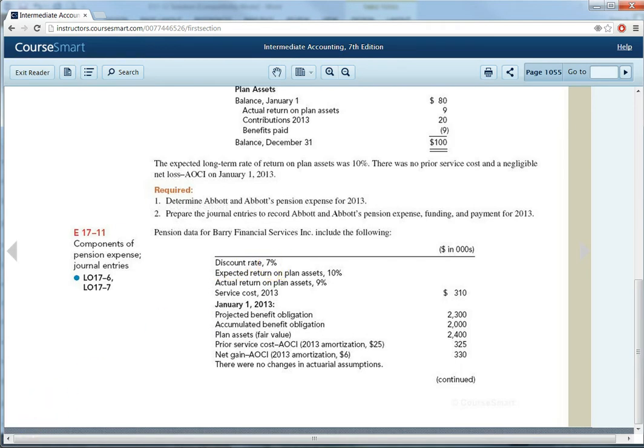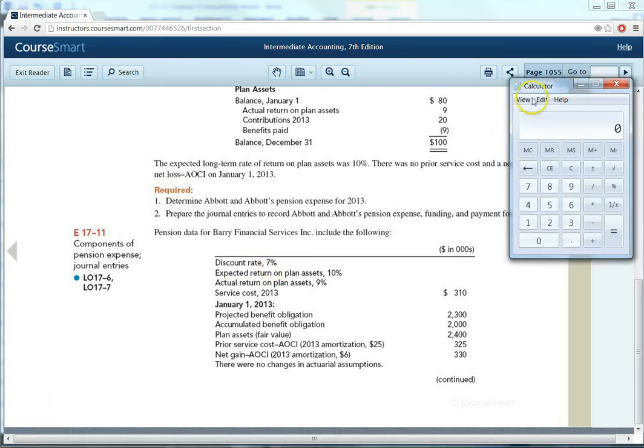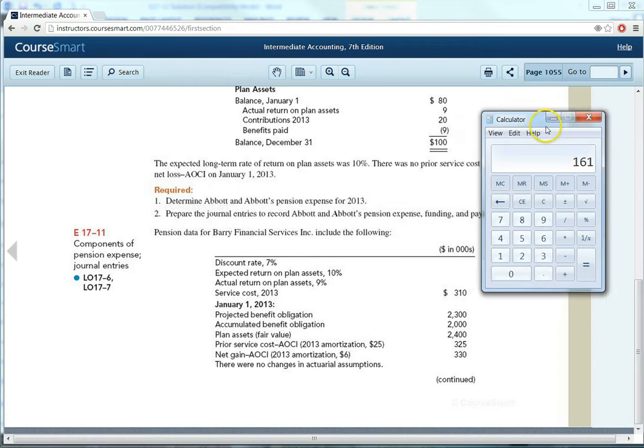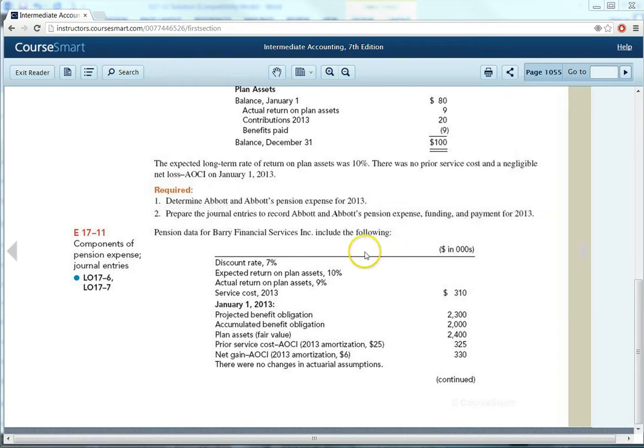Discount rate here is 7%. And so I'm going to bring up my calculator, and my interest cost is simply going to be 7% times the beginning balance of the PBO, $2,300. And so I have $161,000 of interest cost to recognize this period.